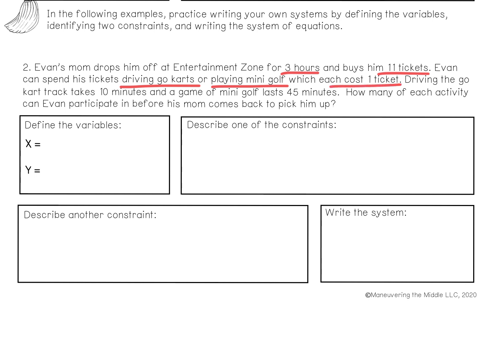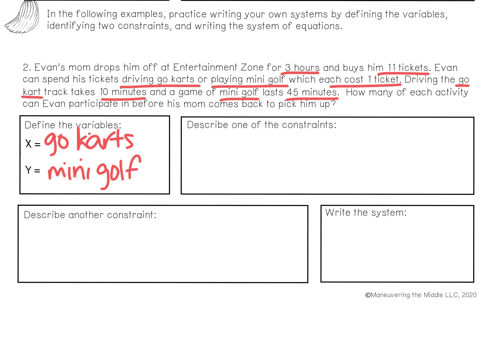Go-karts take 10 minutes and mini golf is 45 minutes. How many of each activity can he do? So we have 2 things we're comparing. We have go-karts. How many times can he go on the go-kart? And how many times can he play mini golf?